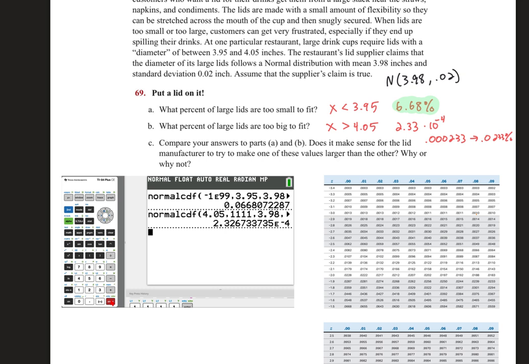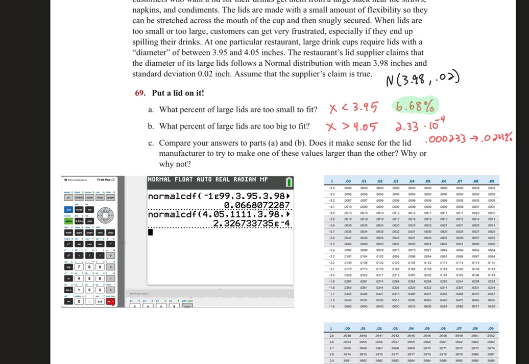Okay. So thinking realistically, a lot of these answers you've got to think realistically. If a lid is too small, then people won't even try to use it, right? If it's too small, it'll just kind of fall into the drink maybe, or it'll be obvious that it doesn't fit. If it's too big, then people might put it on there thinking that okay, maybe it'll work, and then find out that it's too big and it falls off and it spills on them.